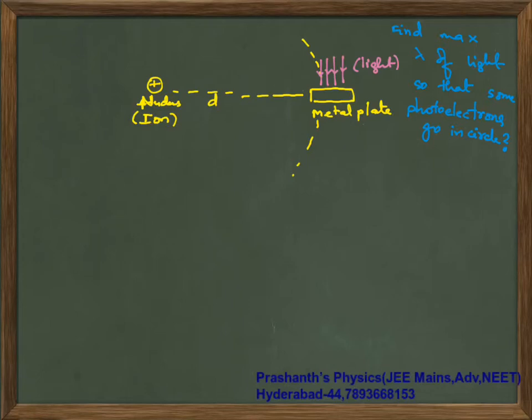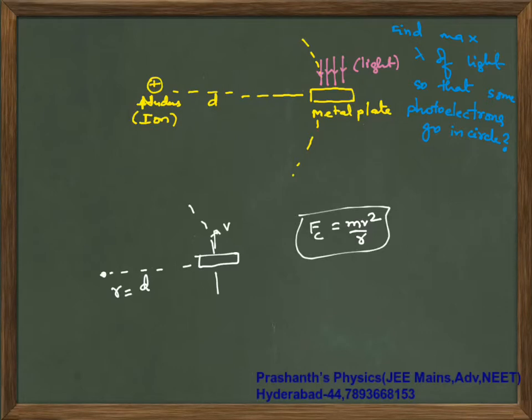Here the key idea is that for a body to go in a circle with velocity v at some distance, if the radius r is equal to d, your centripetal force is equal to mv square by r. This must be your physics idea. Your ejected electrons must satisfy this.